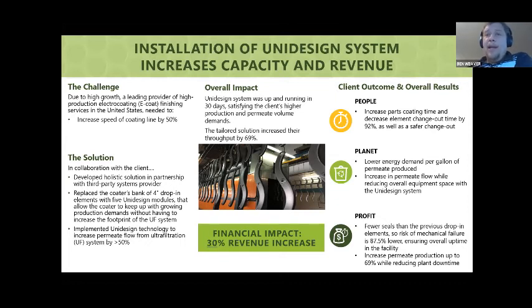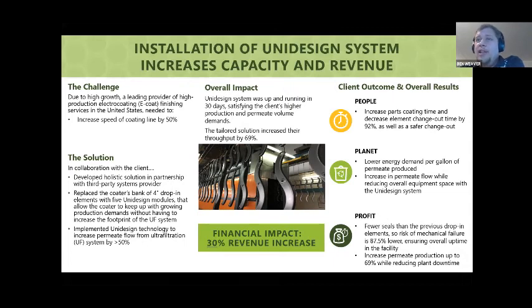So by implementing the newer high area module, they were able to reduce 16 elements to 5, and basically produce more flow from a smaller footprint. And what that allowed them to do was make their rinse water in that footprint.